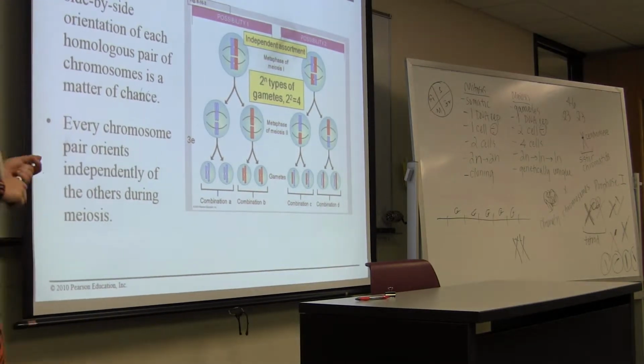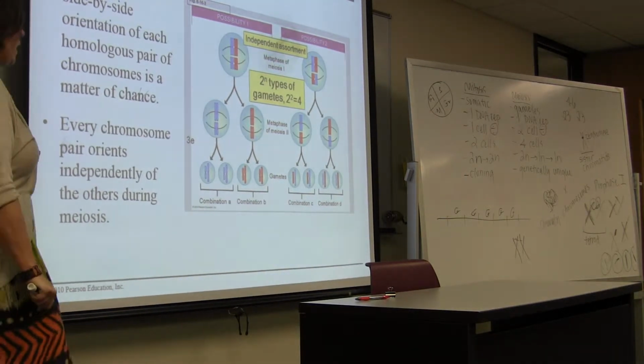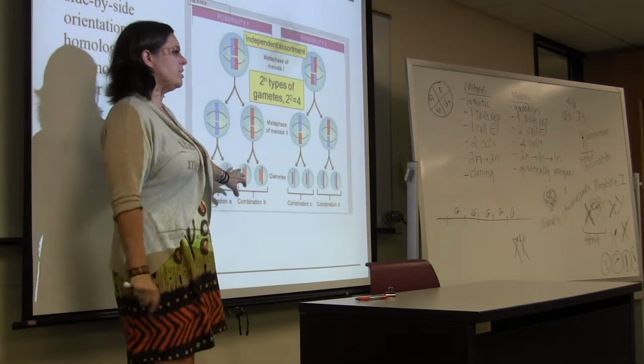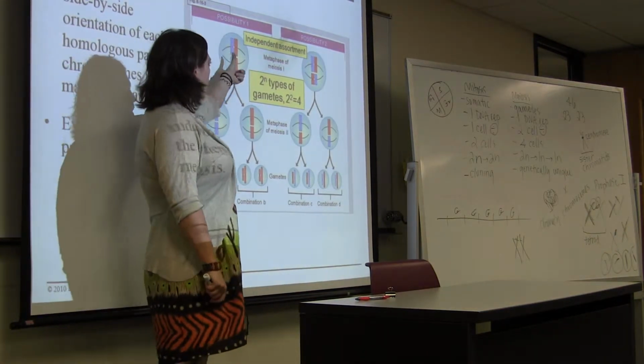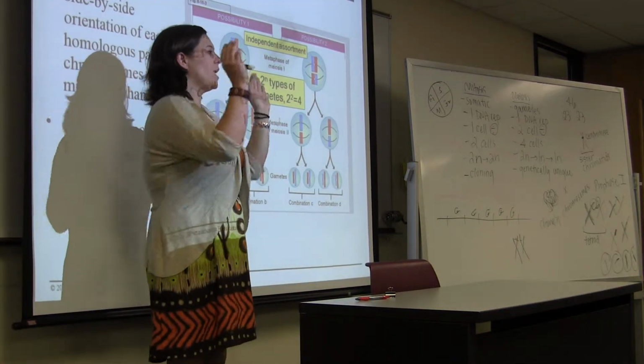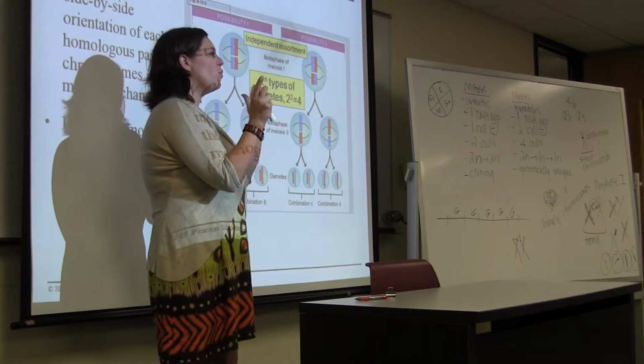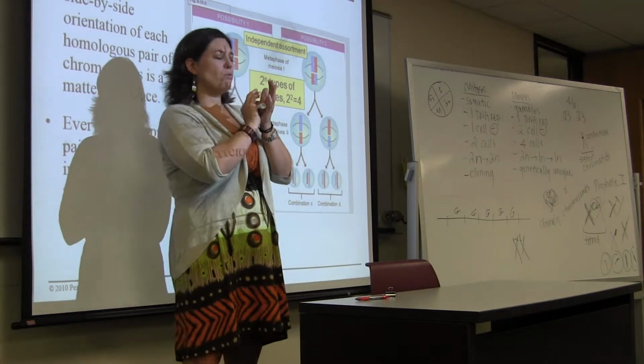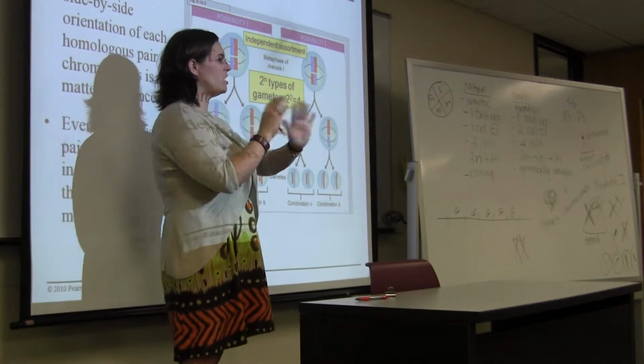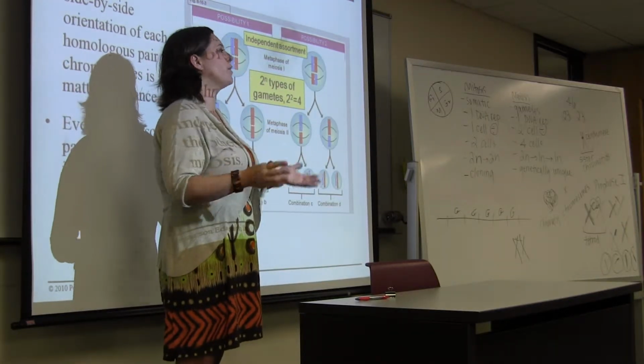All right, so there's something that's related to meiosis. And so when these homologous chromosomes are lining up in metaphase after crossing over has occurred, the way that they line up with respect to all of the other chromosomes is going to be totally independent and totally random.